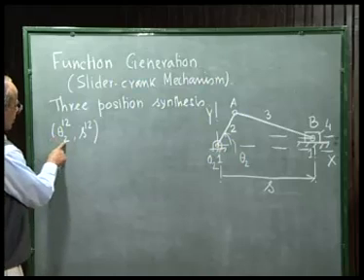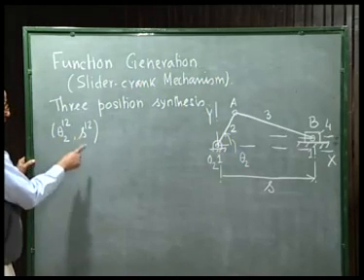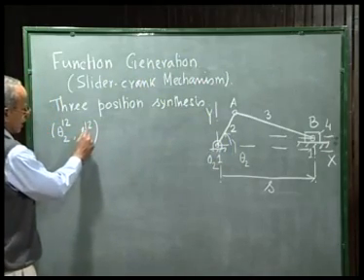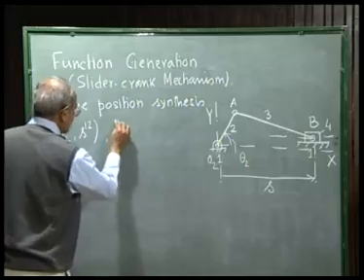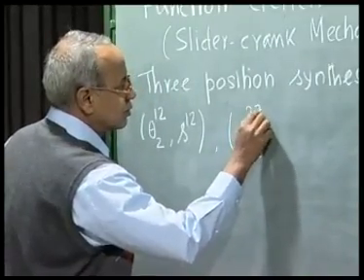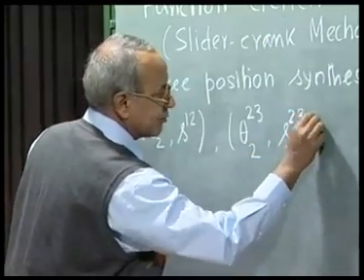So as the crank rotates from position 1 to 2 by an amount theta 2 1 2, the slider should be displaced by a given or prescribed amount S12. Similarly, as the crank goes from position 2 to position 3, the slider should move by S23.